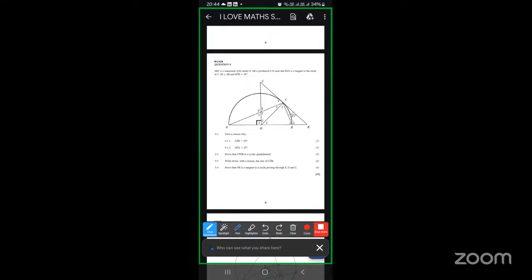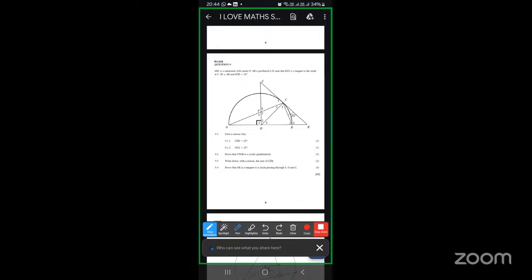He said the opposite angles of a cyclic quad are supplementary, meaning when you take the opposite angles of a cyclic quad and add them, you get 180. Do you get that? Are you sure? Yes. Okay, so that's one of the properties of a cyclic quad.